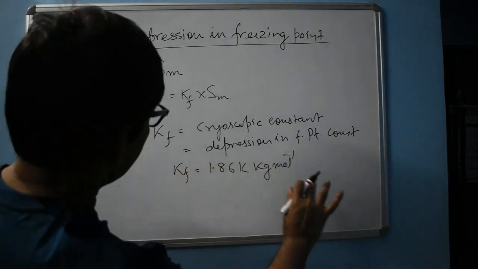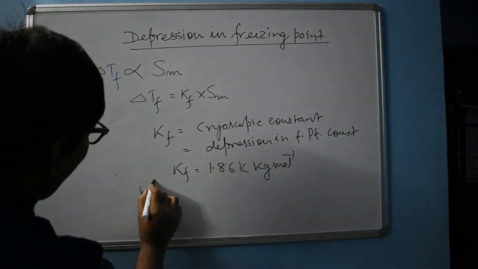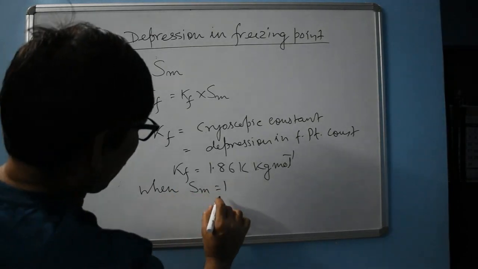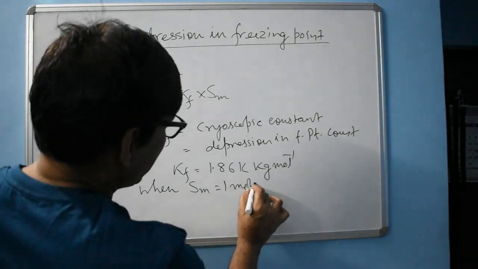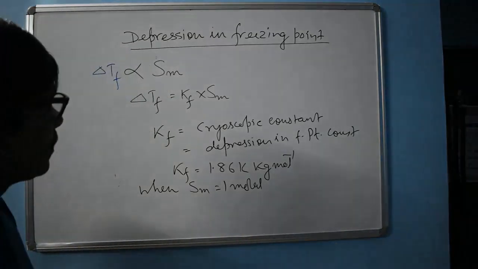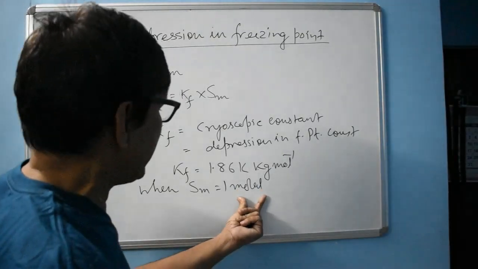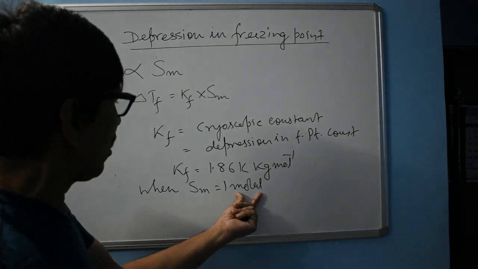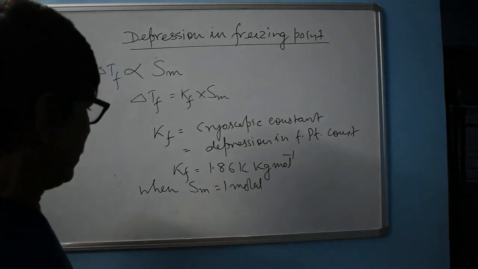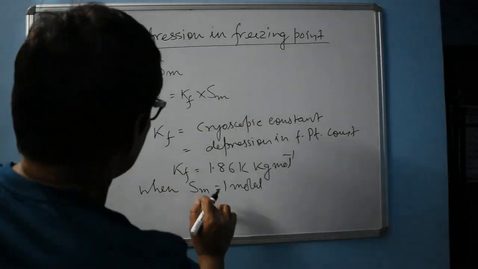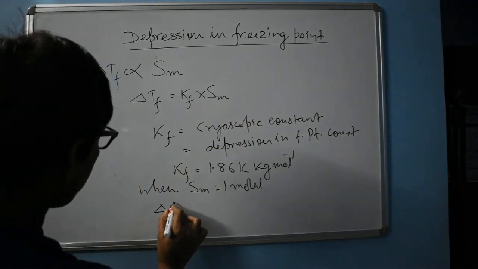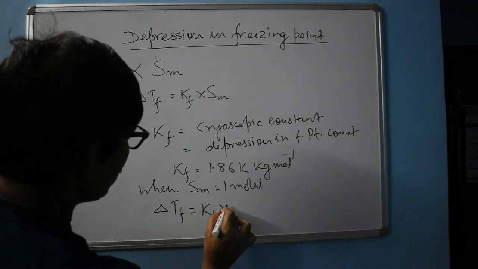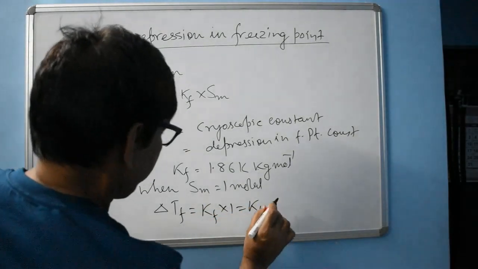So we can define it this way also. See here, when the molality of the solution is 1, I mean 1 molal, you know the meaning of molality. Molality means how many moles of solute are present in 1 kg of a solvent. So from here delta Tf is equal to Kf into 1, that is Kf.